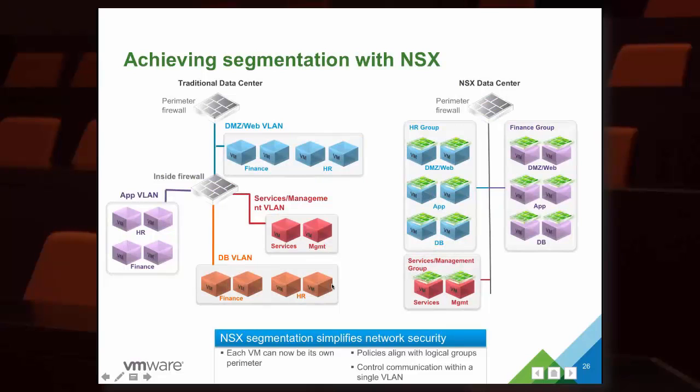So this is what we look like if we move from the traditional to the NSX data center. Inside of the traditional data center, again, the average data center has a couple of firewalls and thousands of workloads. We have the perimeter and then the inside firewall. Inside the perimeter firewall, we've got all our DMZ machines, and then inside we've got a VLAN for apps, a VLAN for databases, VLANs for services, management, dev, test, whatever the case may be.